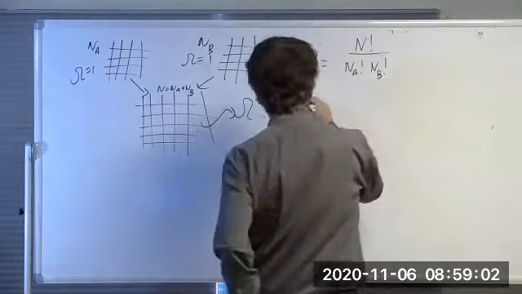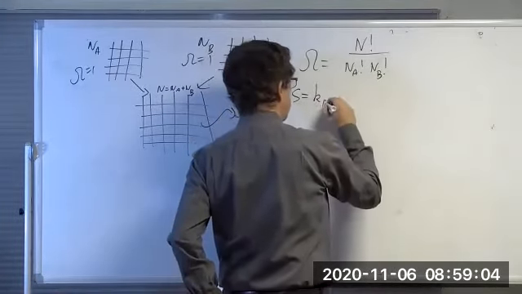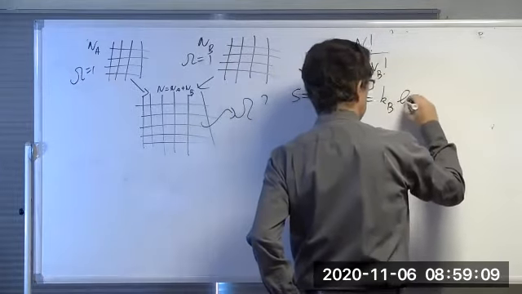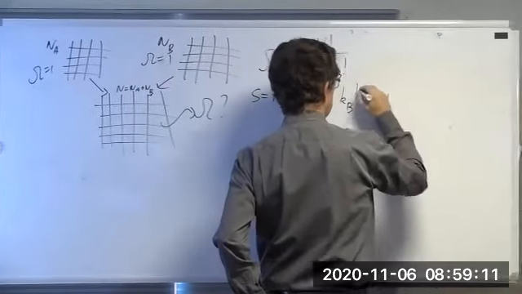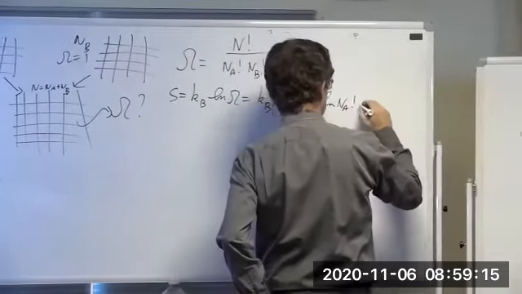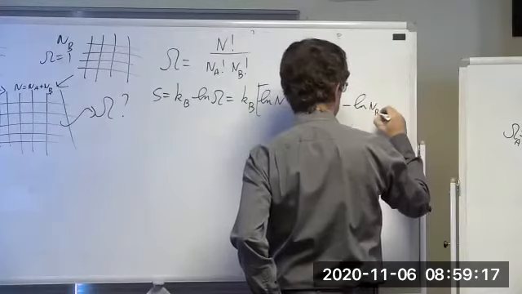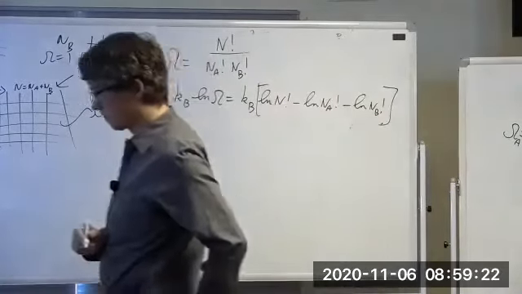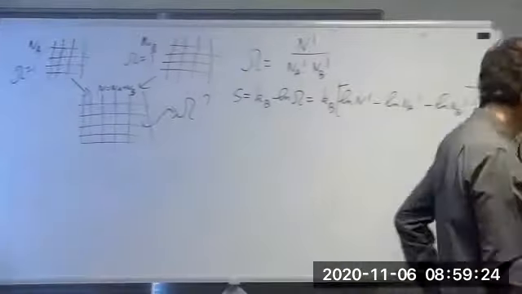So the entropy is Kb log omega. So it is Kb times log N factorial minus log Na factorial minus log Nb factorial. Okay, how do we solve this?